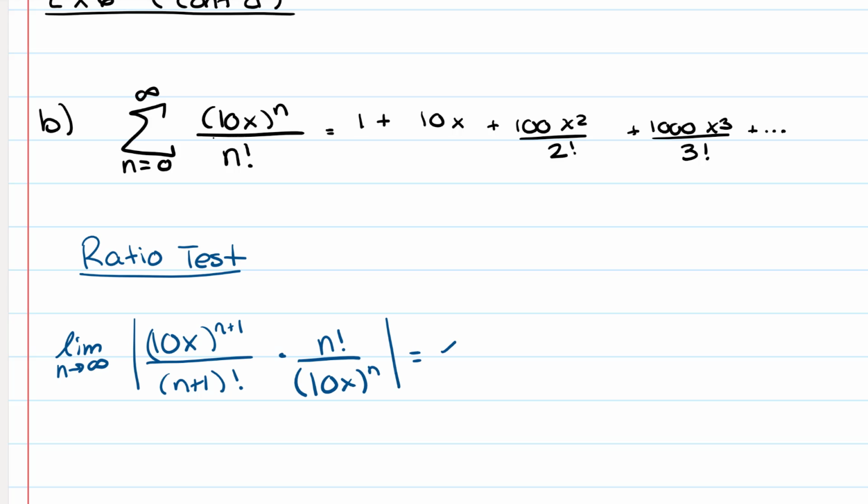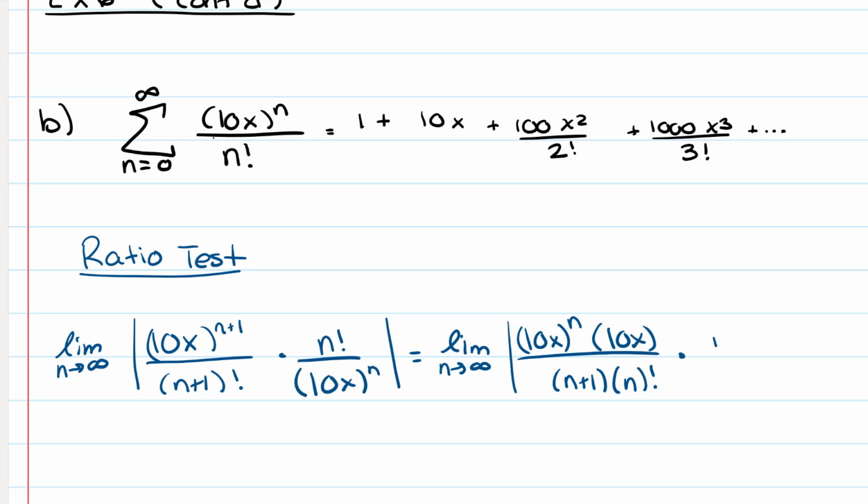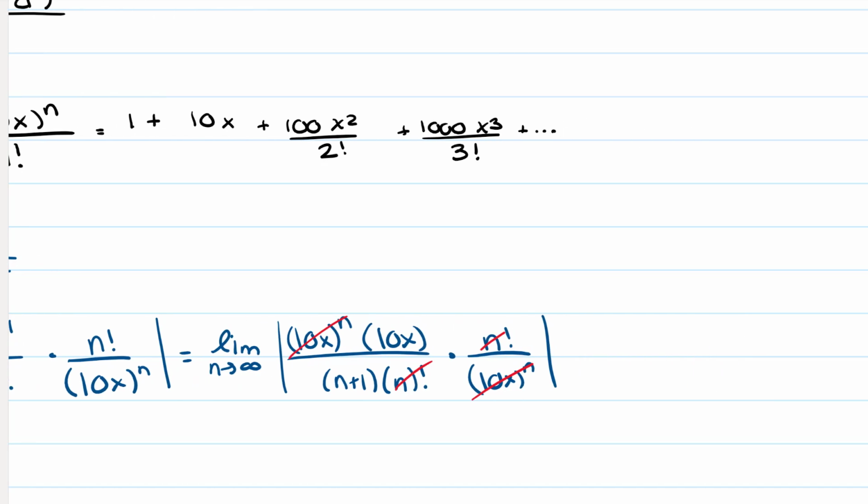Then I'm going to go ahead and clean that up, so it's the limit as n goes to infinity, 10x to the n times 10x divided by n plus 1 n factorial times n factorial over 10x to the n. Now I can reduce off my terms, so I reduce off the 10x to the n and the n factorials, and that leaves me with the limit as n goes to infinity, absolute value 10x divided by n plus 1.